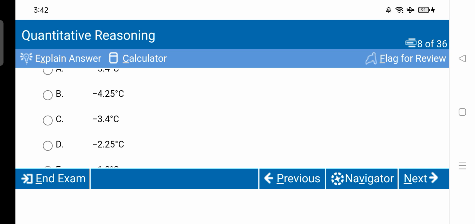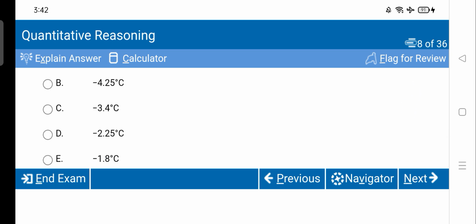Option C minus 3.4 degrees centigrade. Option D minus 2.25 degrees centigrade. Option E minus 1.8 degrees centigrade.